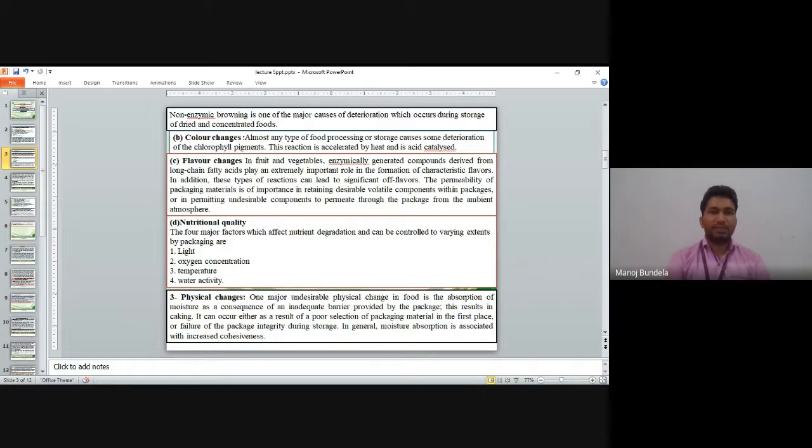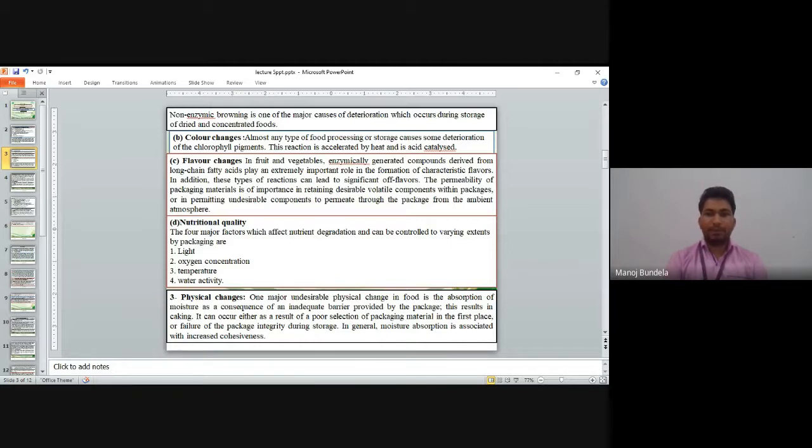Flavor changes. In fruits and vegetables, enzymatically generated compounds derived from long-chain fatty acids play an extremely important role in formation of characteristic flavor. In addition, these types of reactions can lead to significant loss of flavor.